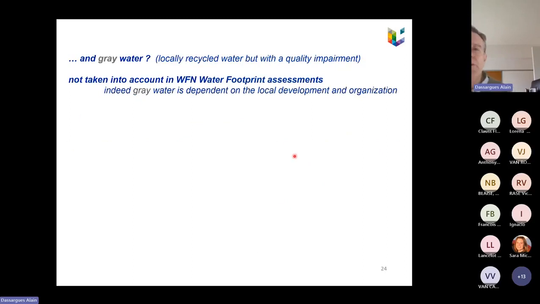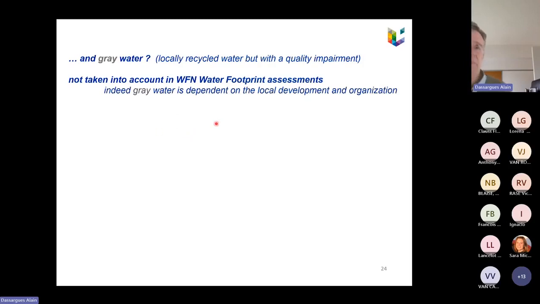So grey water could be important, and I remind you, it is not taken into account in the water footprint assessment. And of course, grey water, reused, recycled water, in fact, we are very dependent on the local development and organization in a region.